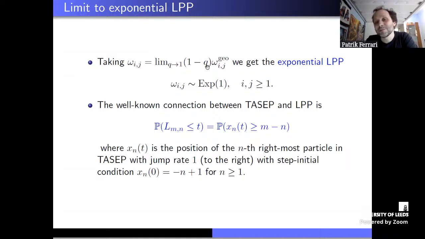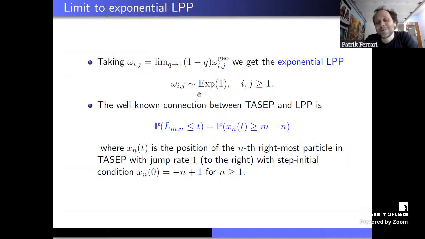So if you multiply by 1 minus q, this remains bounded. And indeed, you know from probability that they become exponential random variables. So the exponential last passage percolation corresponds to taking the omega ij to be just IID exponentially distributed, say with parameter 1 for the moment.